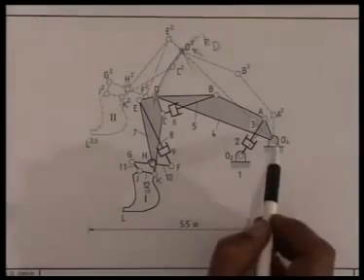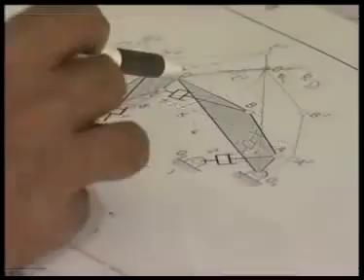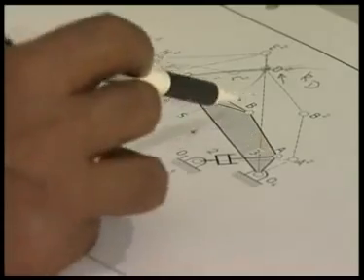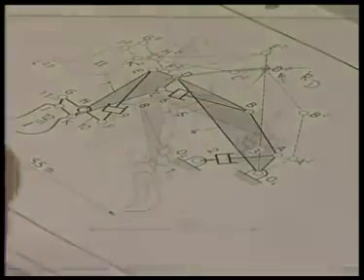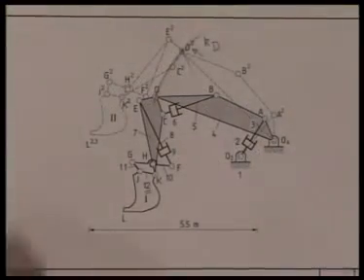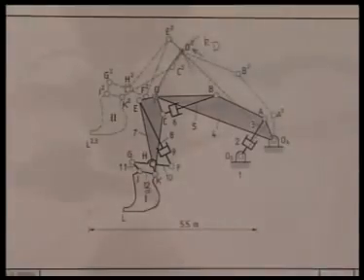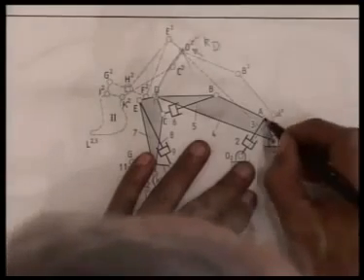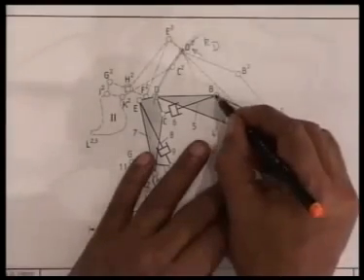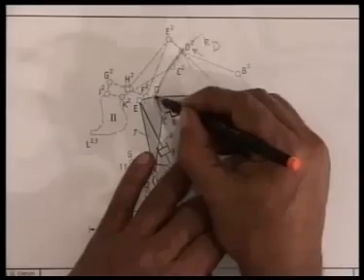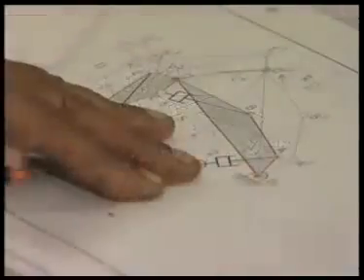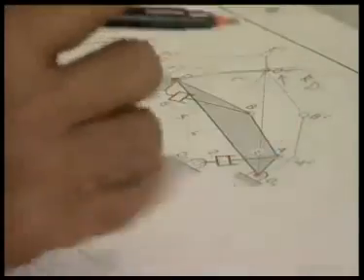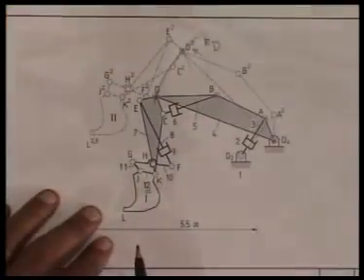Once I have located 2 points, that is O4 and D2, on this quaternary link number 3, A and B I can easily determine using the tracing paper. So on a tracing paper I mark O4, A, B and D. These 4 points, their relative positions do not change because they belong to the same rigid link 3.